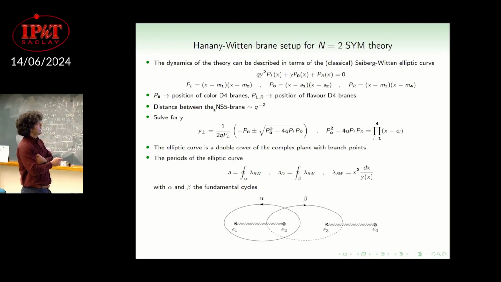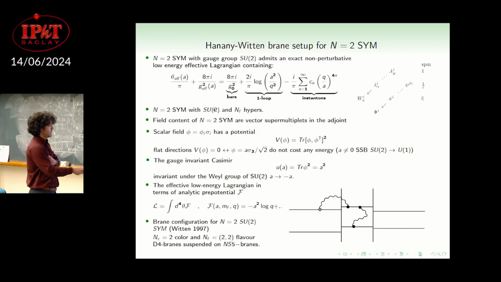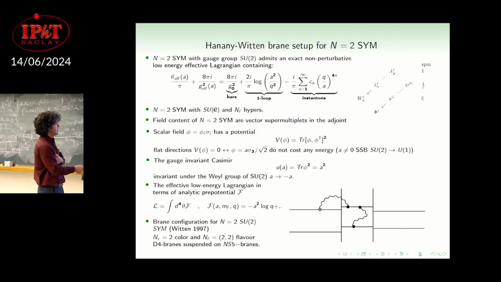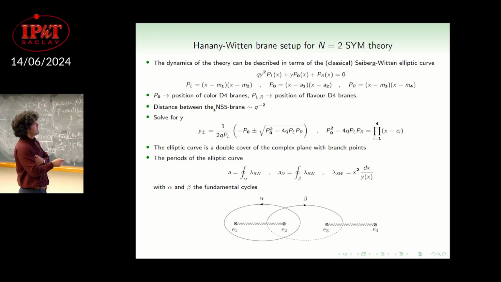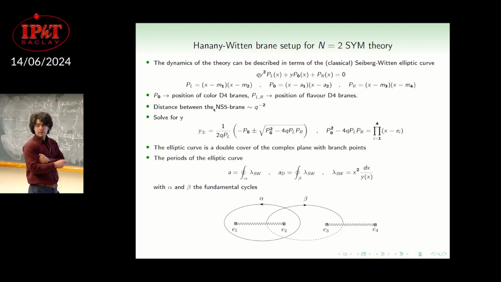You can describe, in the previous pictorial viewpoint of this story, the dynamic of your theory in terms of this elliptic curve, which is called, let me say, the classical Seiberg-Witten curve.